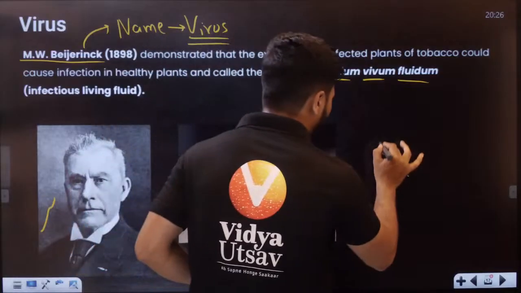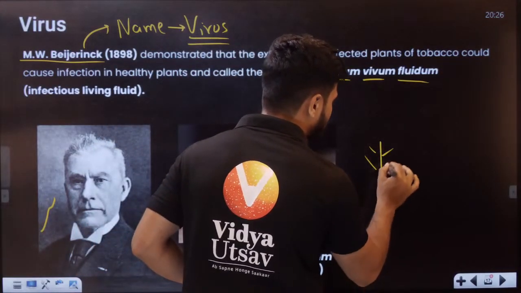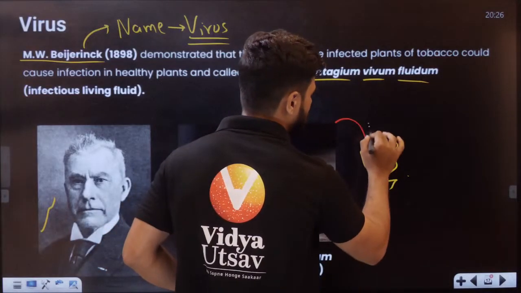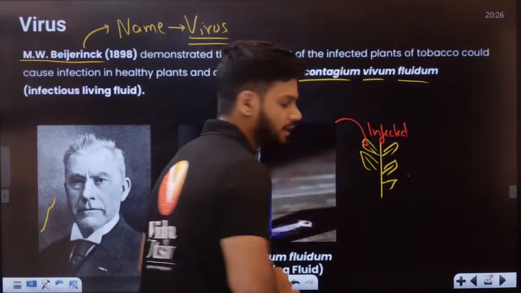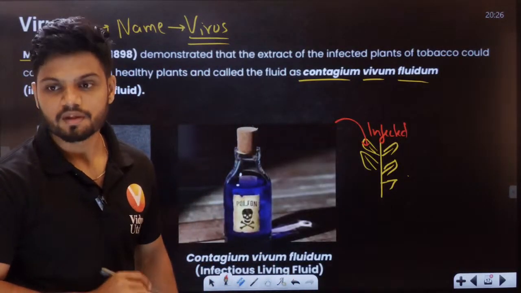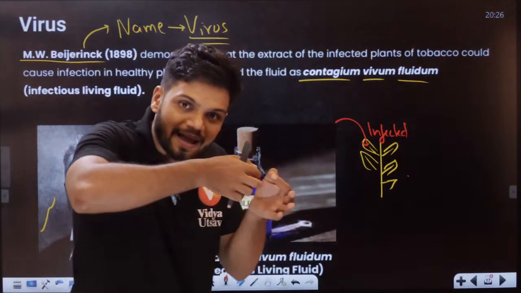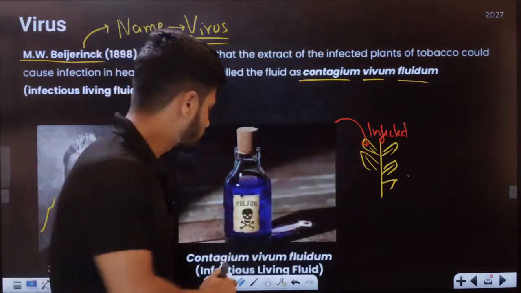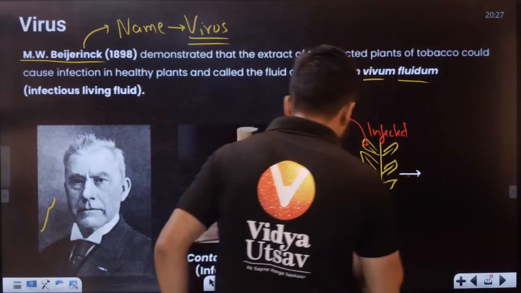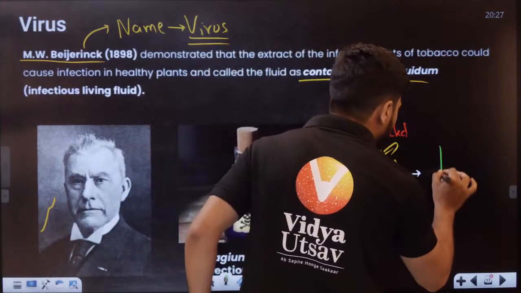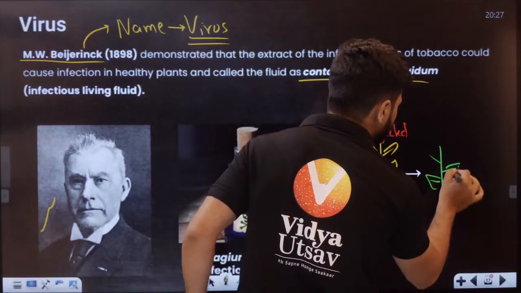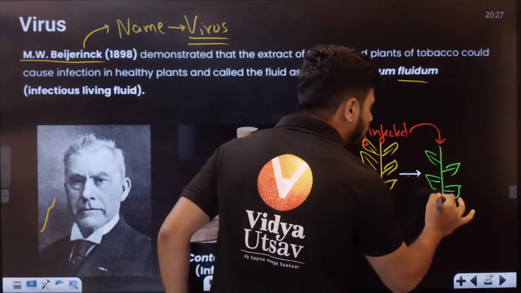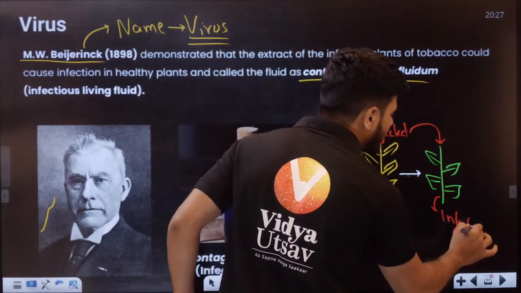Let's say here I have a plant. This plant is now infected. Now students, if I take an extract from this particular infected plant and I inject it into a healthy plant, this also will become infected.